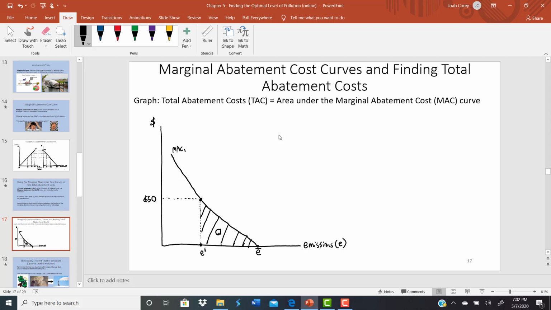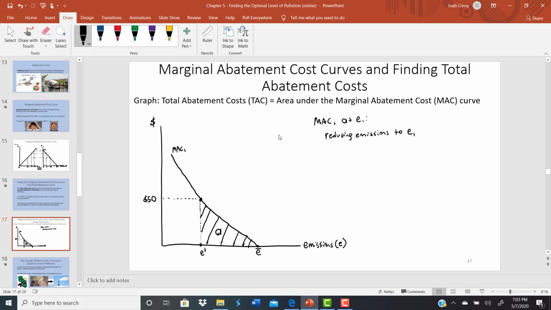So if we're looking at MAC1 at E1, the way to interpret this is that we're reducing emissions to E1.